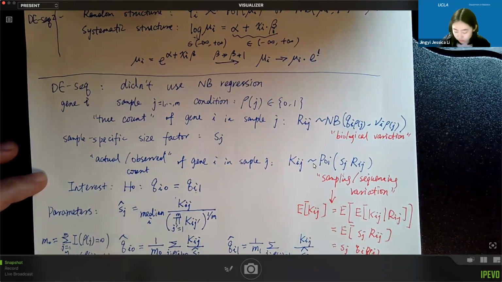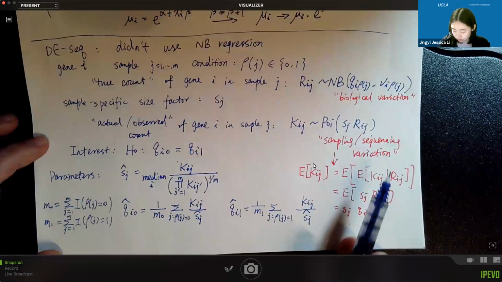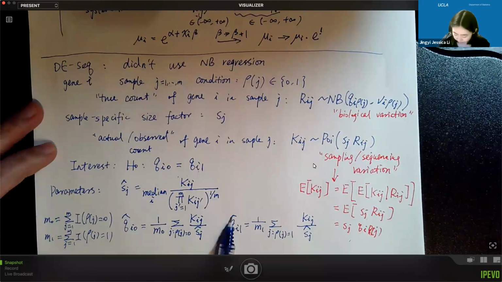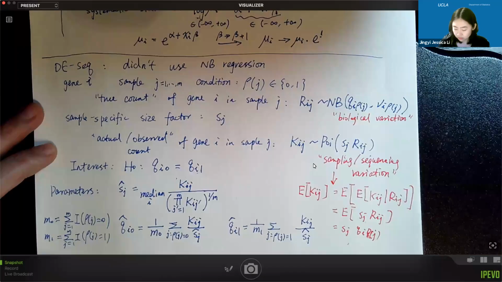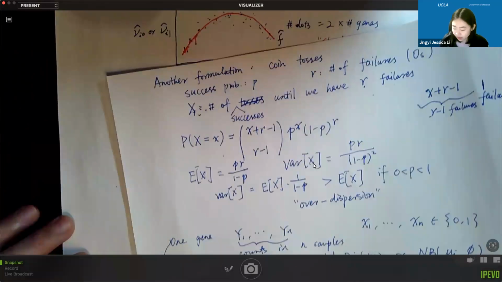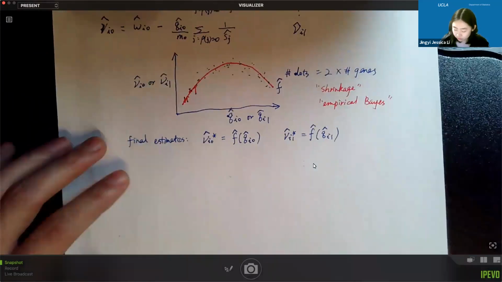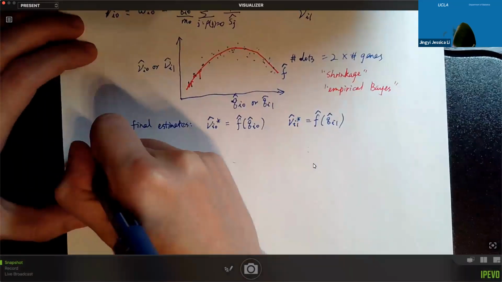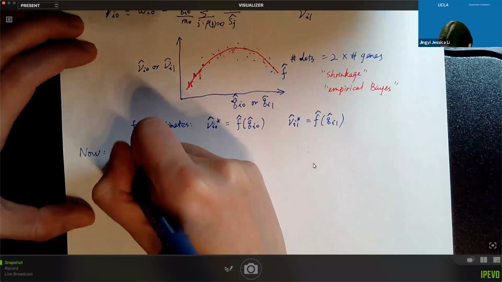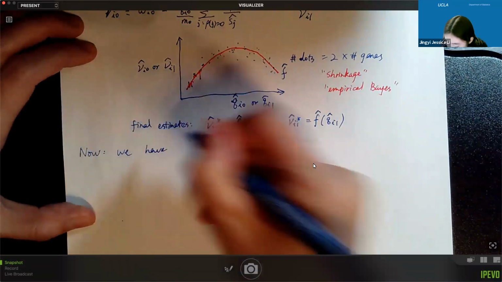These are the estimation procedures this paper DESeq uses. I'm going to skip those because we spent time to talk about this last time. So now let's just assume that we have the parameter estimates.